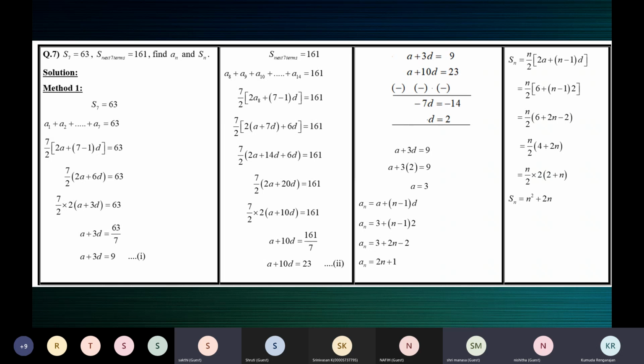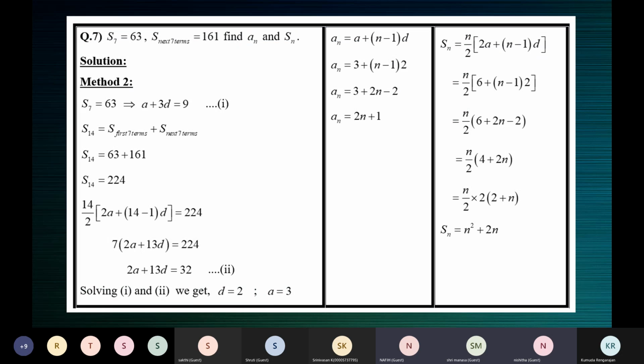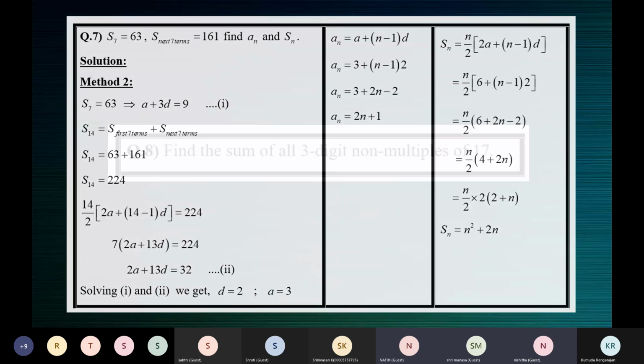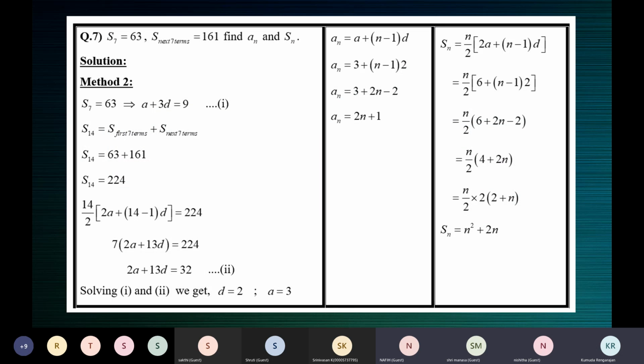I've explained the methods. This one also, it's the same answer. Method 2.